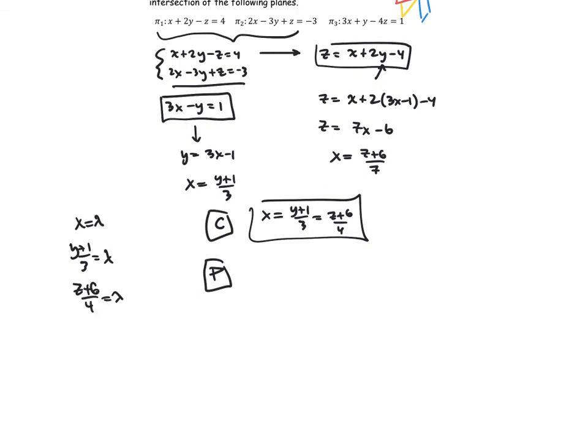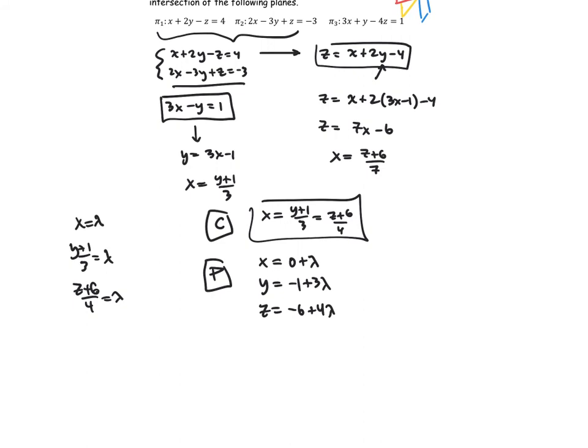Essentially what I'm doing is solving for x, y, and z, and that'll be my parametric form. So if x equals lambda, then I get 0 plus lambda. If lambda equals y plus 1 over 3, then y would equal negative 1 plus 3 lambda. And z, of course, in this case, will be negative 6 plus 4 lambda.